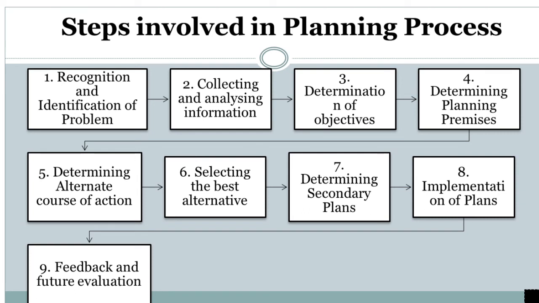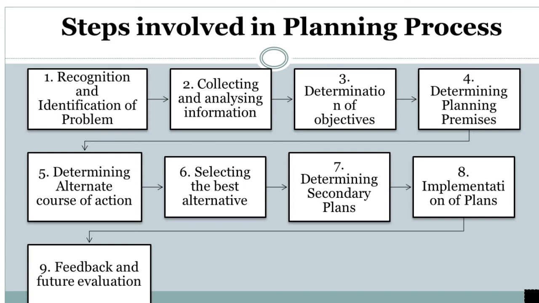So this is the flowchart of the steps involved in the planning process, where the first step is the recognition and identification of problem, followed by collecting and analyzing the information, determination of objectives, determining planning premises, determining the alternate courses of action, then selecting the best alternative.